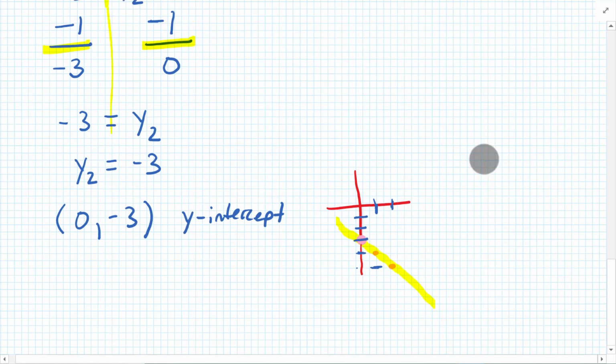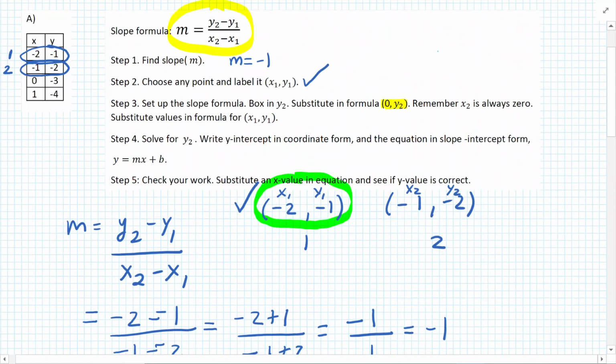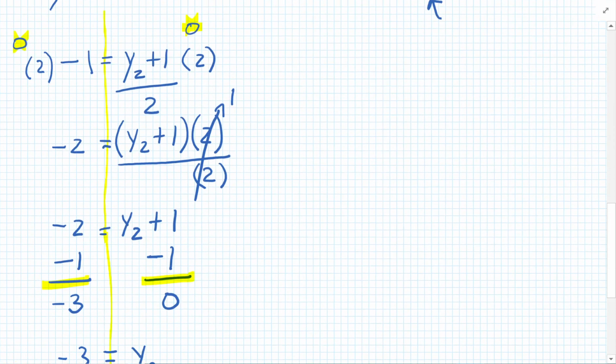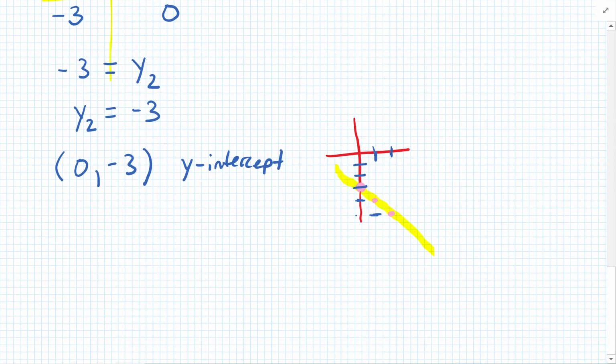So that's what our points would look like, and you'll see that some of these other points would tend to match up. In fact, one of the points in the chart is actually 0, -3, the y-intercept. Another one is 1, -4. Do we have that? Did we find that? How far did we go down here? 1, 2, 3, 4, and we're over 1. So 1, -4. Yep. Seems to match up fine.